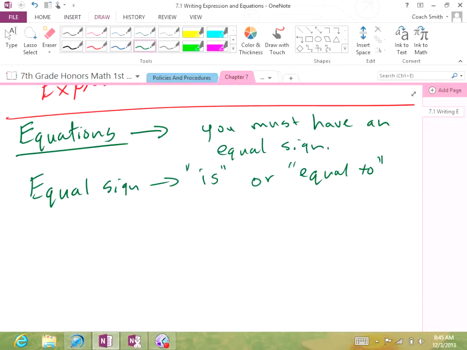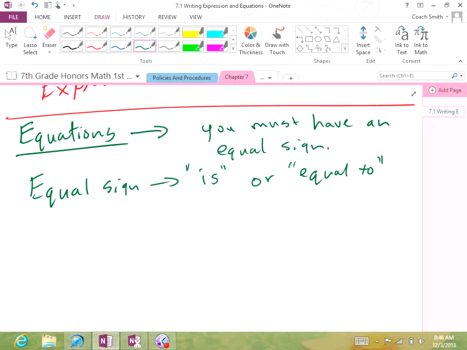Obviously, most sentences are not going to have two is's in them. If the sentence did have the word is twice, then only one of them is going to be an equal sign, because you can't have two equal signs in an equation. You can't have x equal 4 plus x equal 2. That's not an equation. That's not even a mathematical expression. It's not capable of doing that.